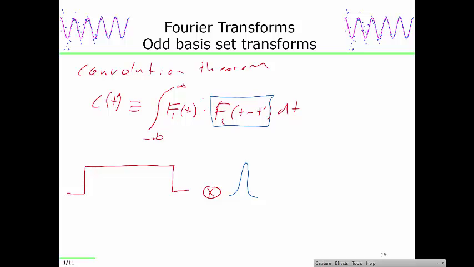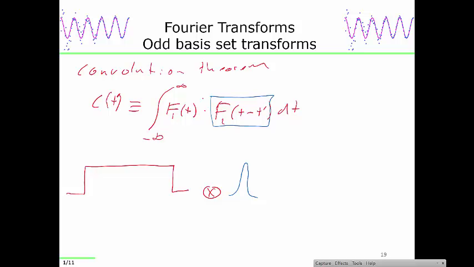So what we do is we take the blue one, and we flip it, and then we slide it across. And at every position, we're integrating. Right? Because this is a function of t prime. This is one t prime value, another t prime value. We're marching through t prime, and at every t prime value, we evaluate this integral as a function of t.